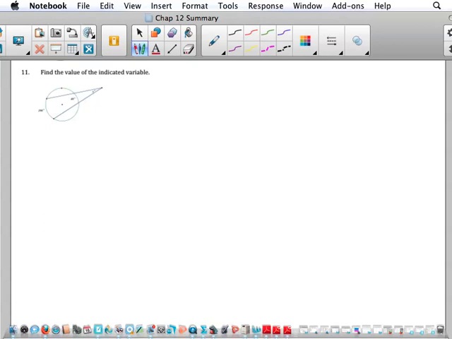Number 11, now I have two secants, but they are intersecting outside of the circle. So now I'm going to take the large arc minus the small arc, which is 40, and that's equal to 2 times the measure of that angle x.